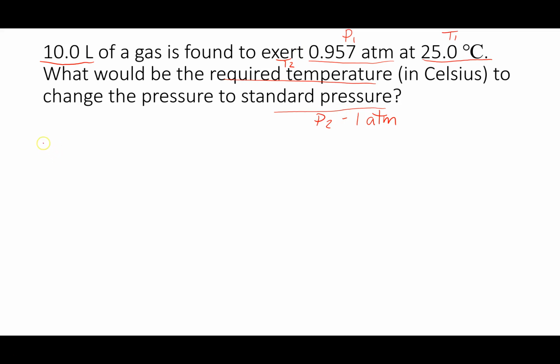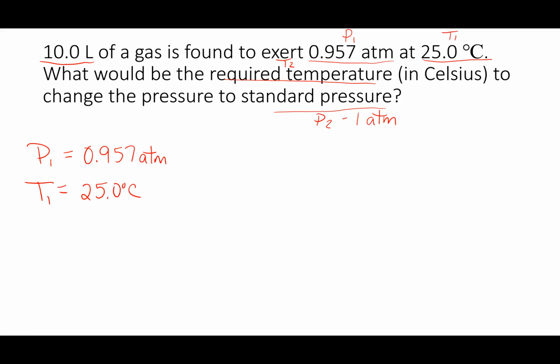So let's write down what we know. Our first pressure is 0.957 atmosphere, and make sure you keep your units because we need to make sure that everything is in the correct units for this calculation to work. T1 is 25 degrees Celsius. Now we can't stay in degrees Celsius.